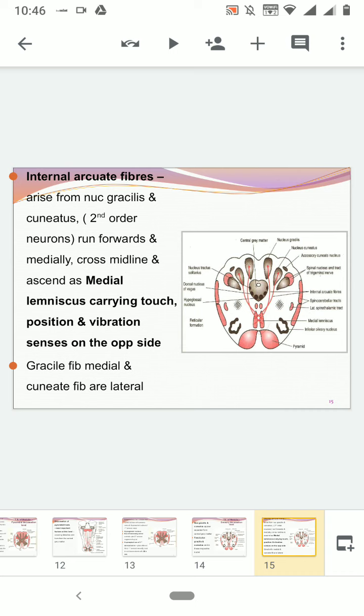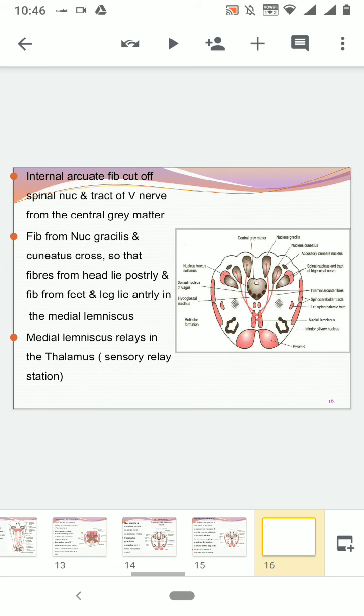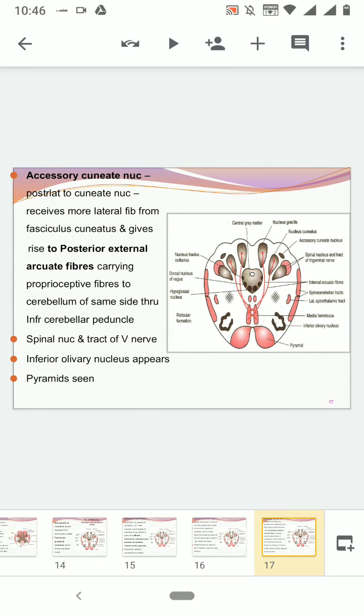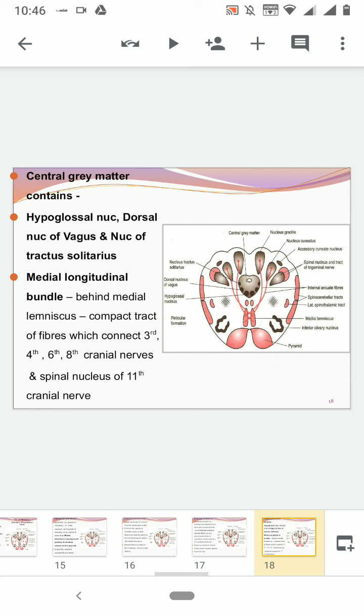Then in the central part, we are able to see some of the nuclei, which I'll be discussing. Here they are only talking about the medial lemniscus and the internal arcuate fibers, as they cut off and decussate. Okay, so now we are going to talk about the central gray matter.